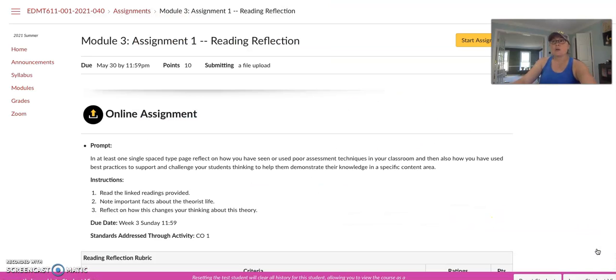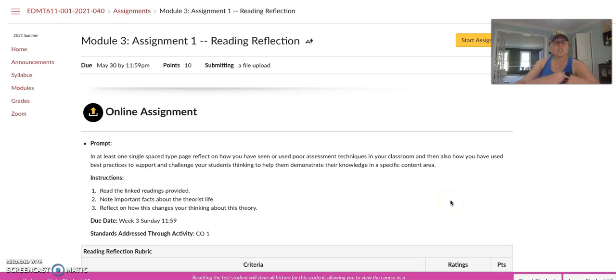The next thing that you are going to do is your one-page single-space reflection. I really enjoy reading this because I enjoy seeing what you're thinking about these theorists. If we were in a classroom, we would spend a lot of time talking and debating, and I would so welcome your opinion.